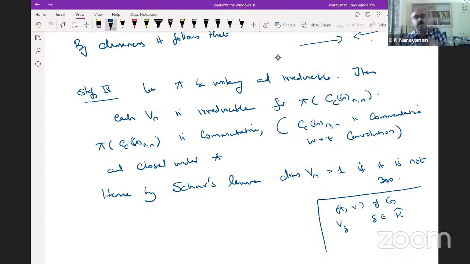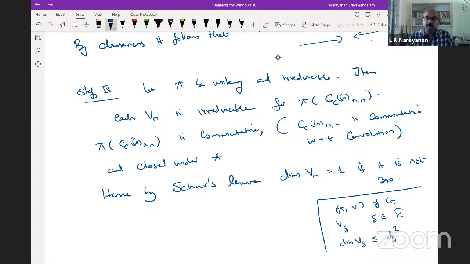So you look at the maximal compact K, look at all its irreducible unitary representations, take one delta and look at V_delta, that is like V_n. These are going to be vectors which transform according to the delta representation of K. Then the dimension of V_delta is less than or equal to the degree of delta squared.